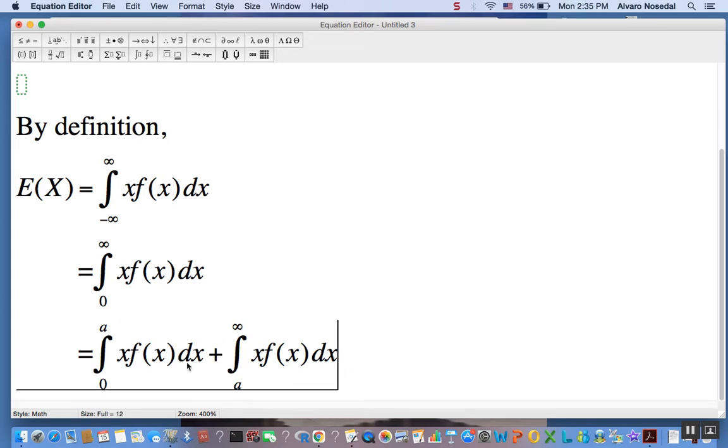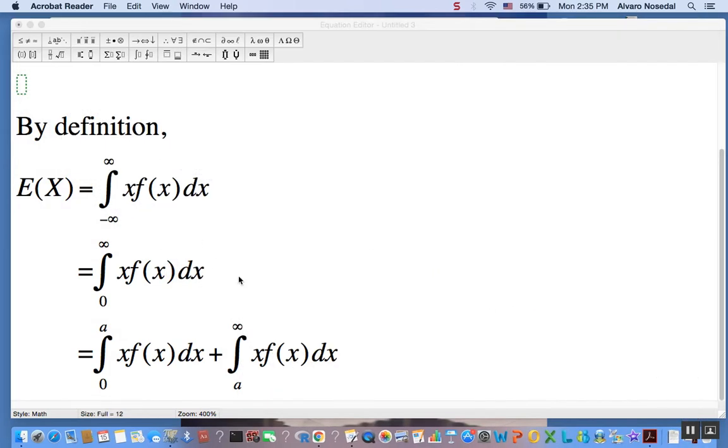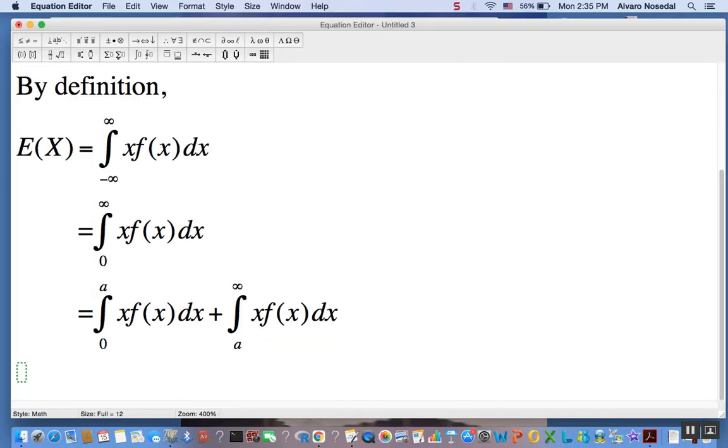These two integrals are equivalent to this one. And if you go back to the expression of the inequality, the probability of X greater or equal to a would be the integral from a to infinity of f of x dx. So we are getting there.